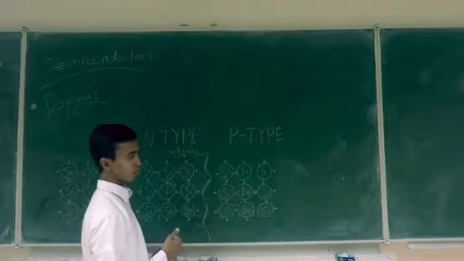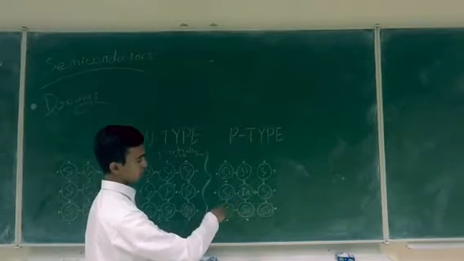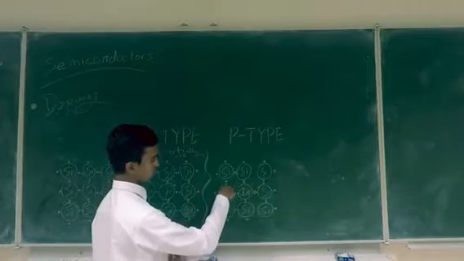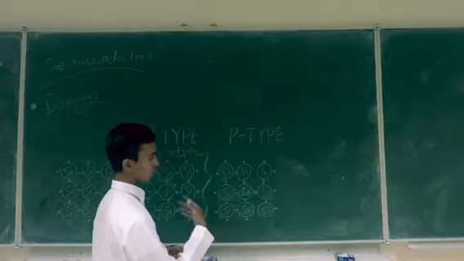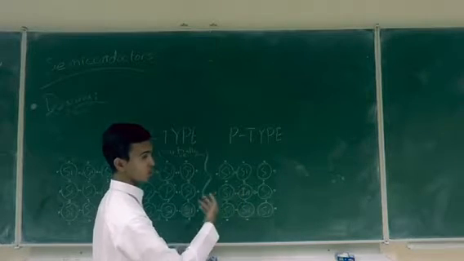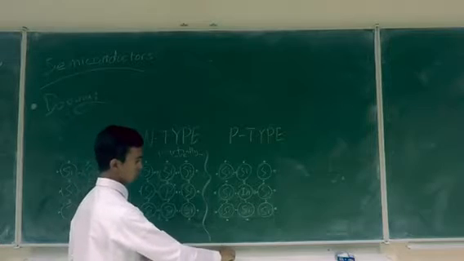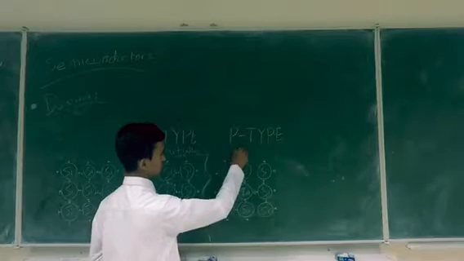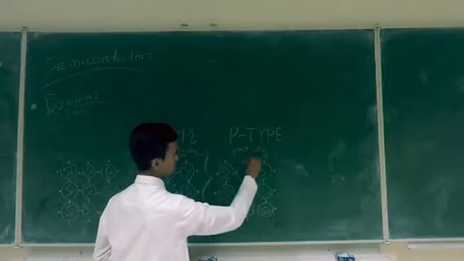It is from group 3 in the periodic table. So we have 3 valence electrons, and from the 4 silicon atoms, we have 4 plus 3, we have 7. So we have a negative charge deficit. So this one is partially positive.